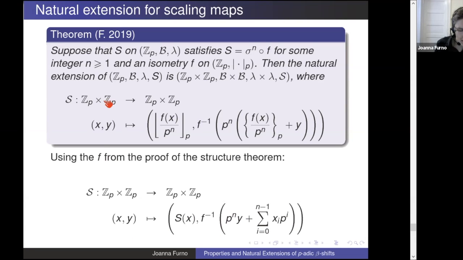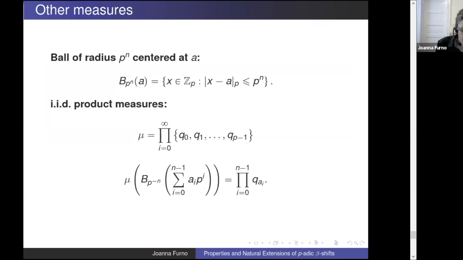All right. Where are we? All of these p to the minus n, p to the n locally scaling maps seem to work very similarly. They're all isomorphic to this nth iterate of the shift.